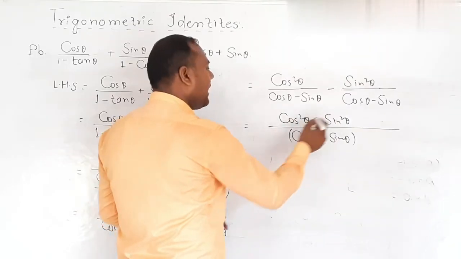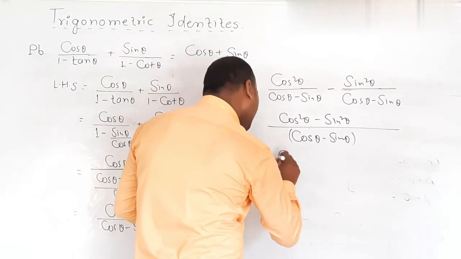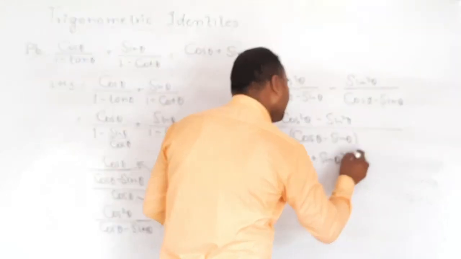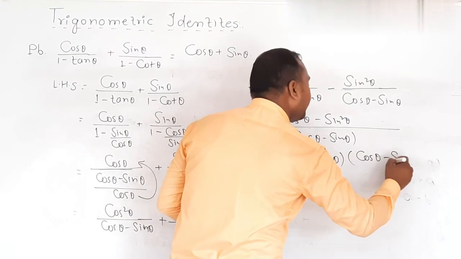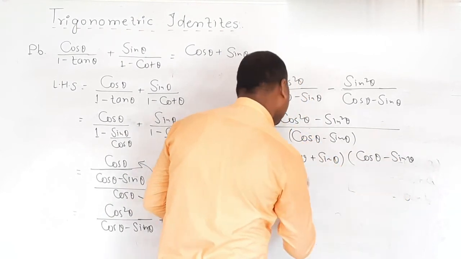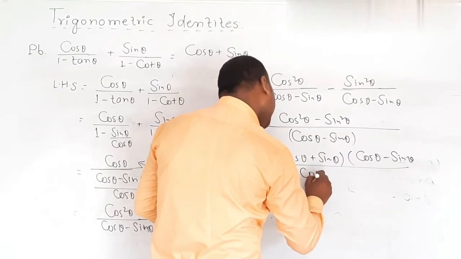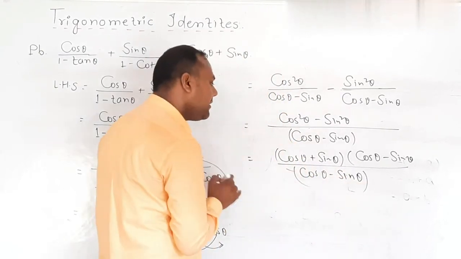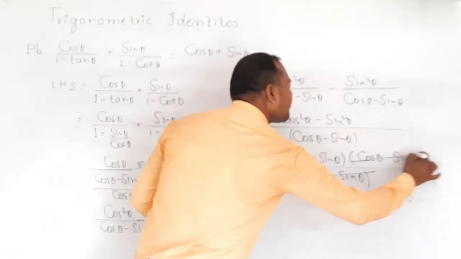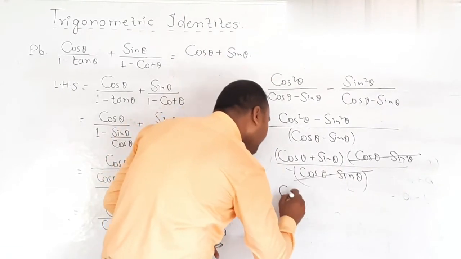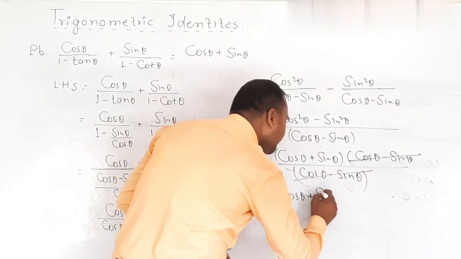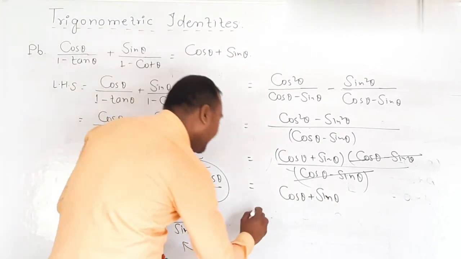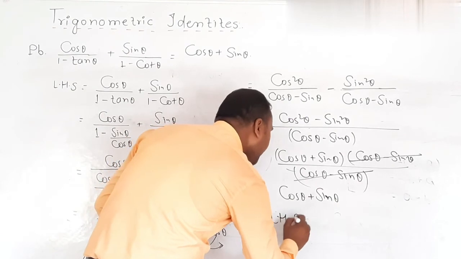After breaking the term, cos theta plus sin theta into cos theta minus sin theta upon cos theta minus sin theta, and this term cancels out with this term, and after that cos theta plus sin theta, and this is the RHS. That means LHS will be equal to RHS.